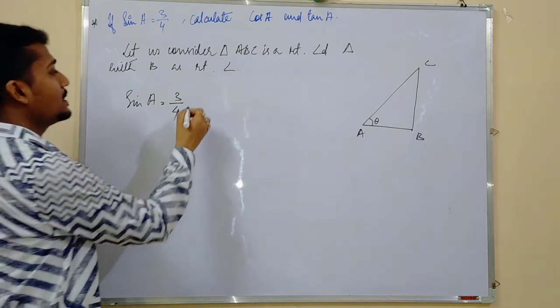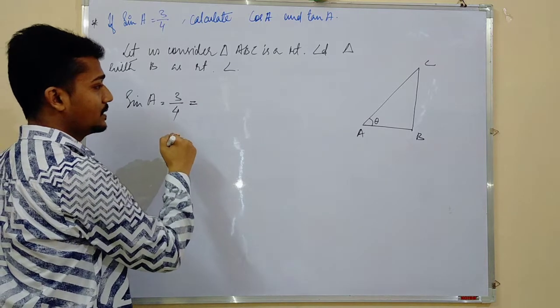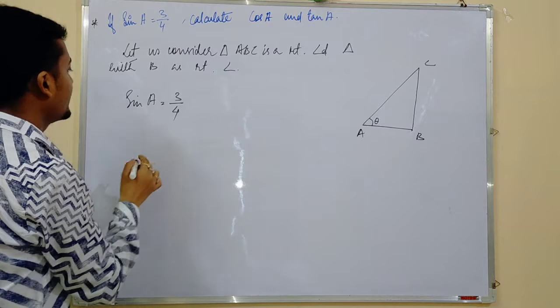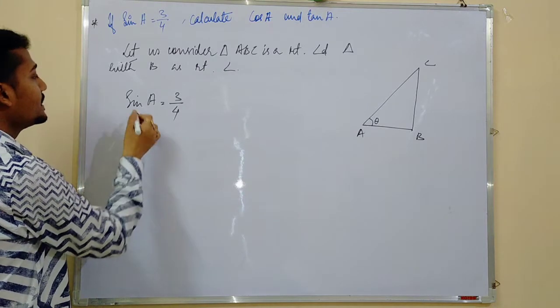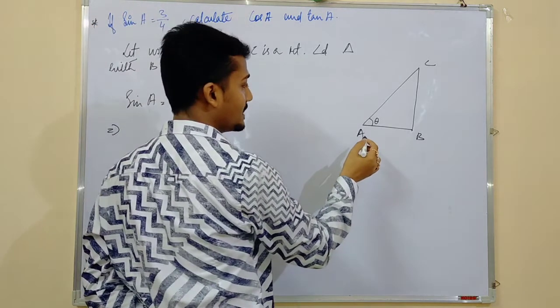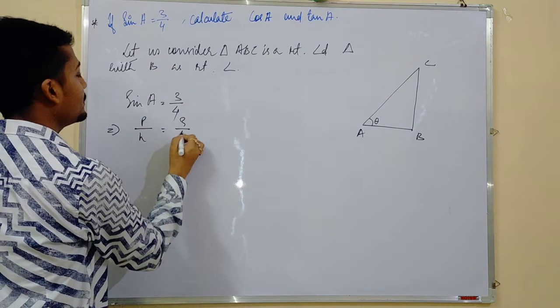Sin A is equal to 3 by 4. Here if I write that, then it will be better. Sin A, in place of sin A, what can I write? P by H is equal to 3 by 4.